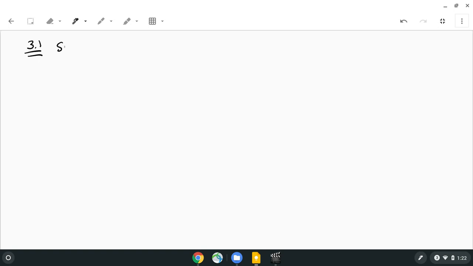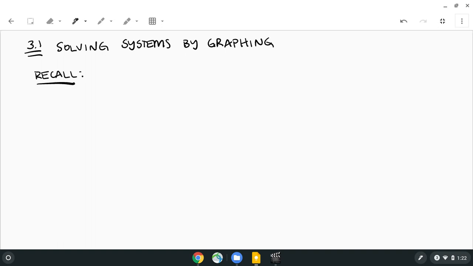Solving systems by graphing. Okay, so let's just kind of recall graphs in general and what they represent, because we started graphing by analyzing the equation and pulling out important information and then just graphing it that way.